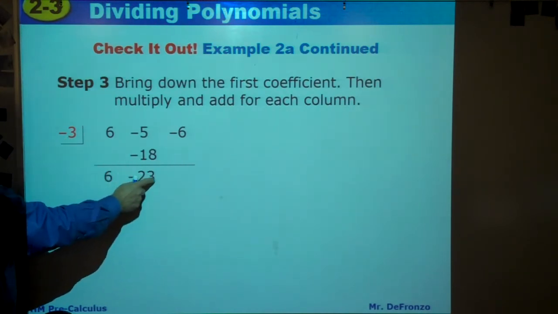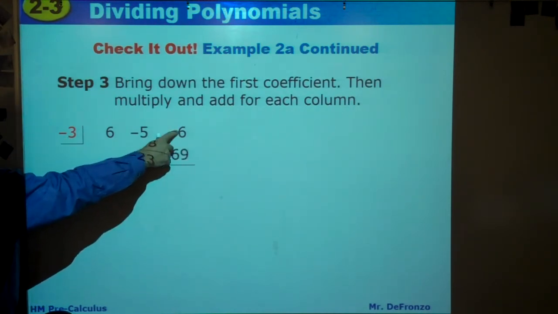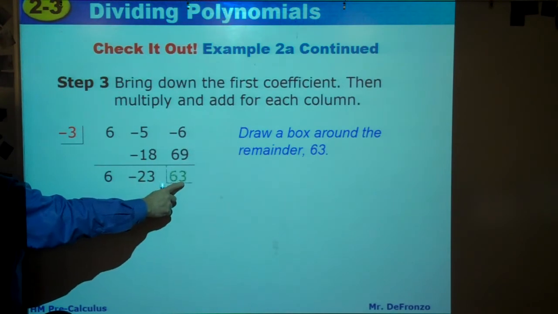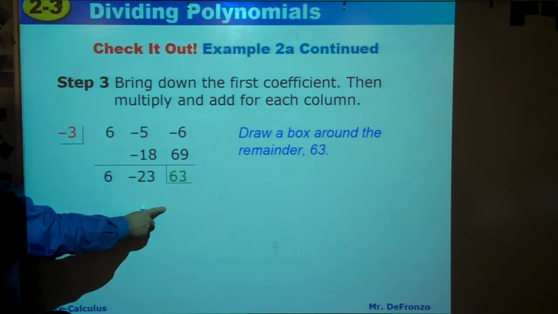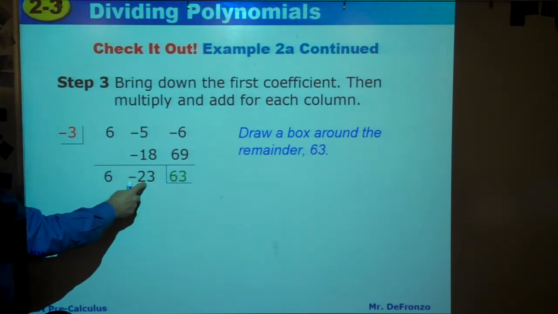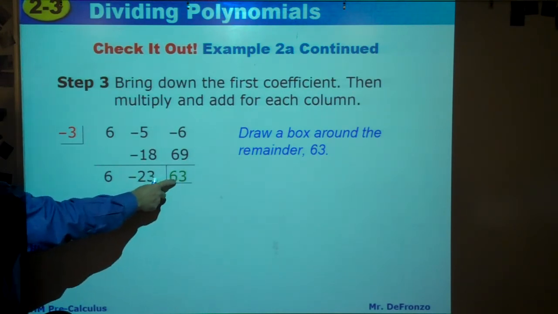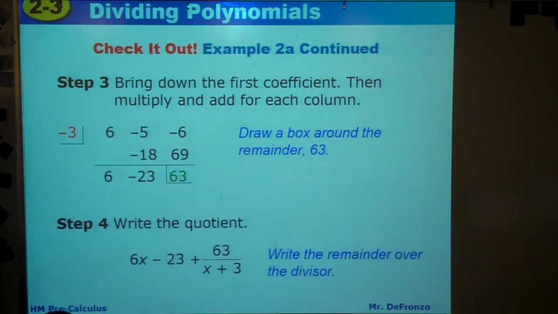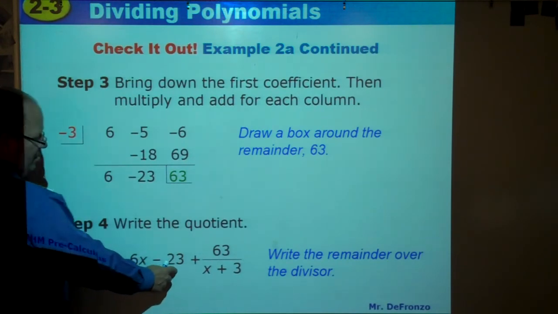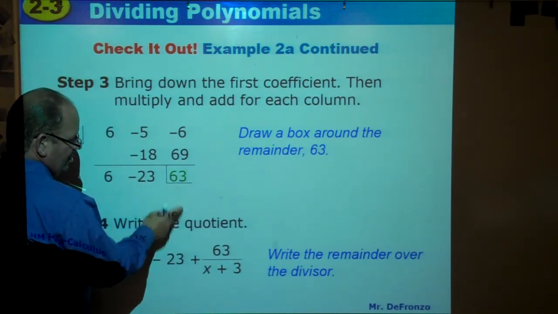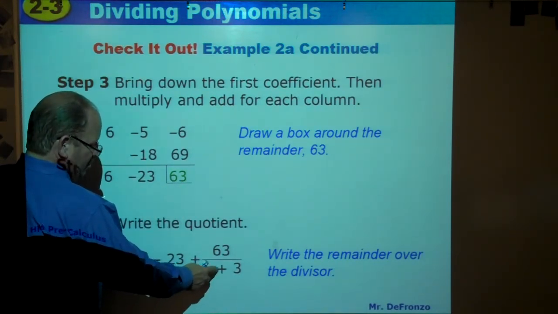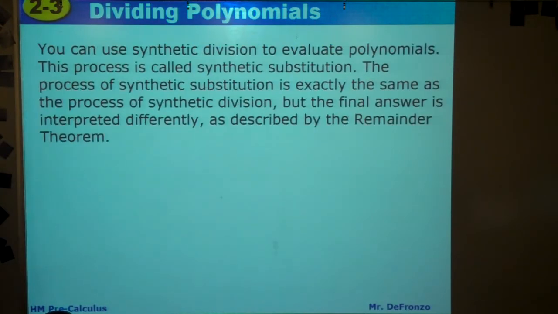Negative 3 times negative 23, 69. Combine, and this is our remainder. So the answer is 6x minus 23 plus 63 over x plus 3. Watch, 6x minus 23 plus 63 over our divisor, x plus 3.